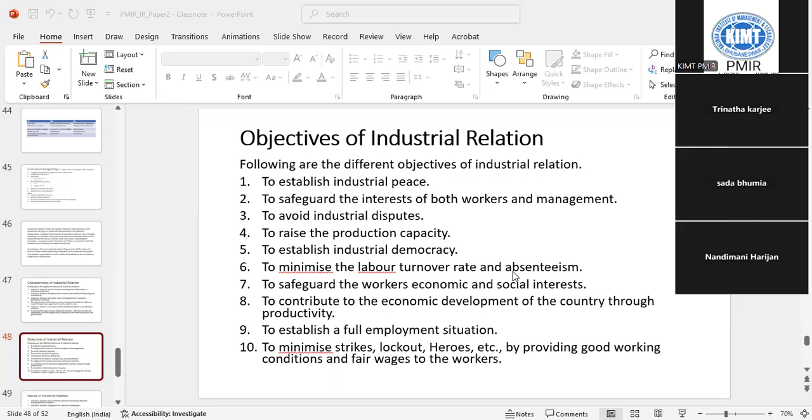Suppose you are not feeling good, you don't feel like working today, you won't want to go to the office. Suppose you are highly motivated, you like the work, then definitely you will go regularly and you will not have many absences. Absenteeism will also reduce. So that is one objective where this relationship is minimizing the labor turnover and absenteeism to safeguard the workers' economic and social interest.